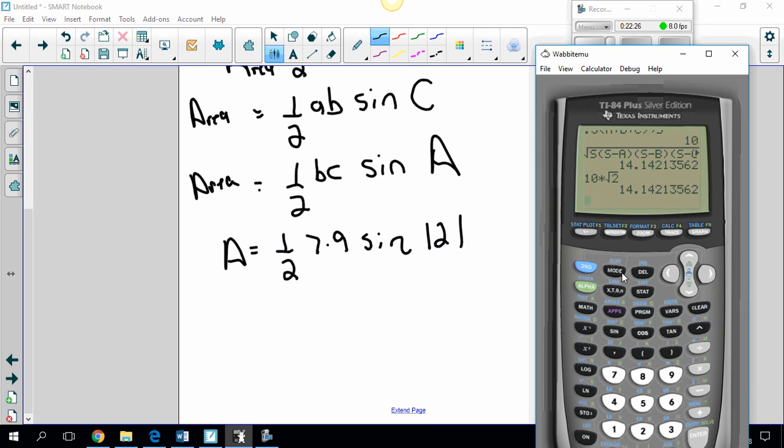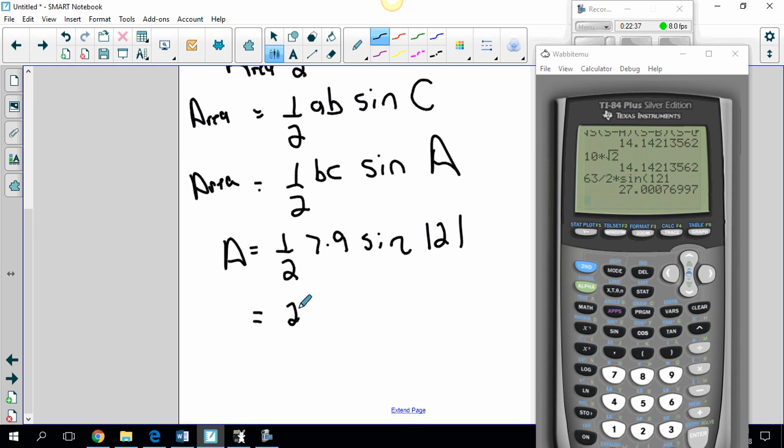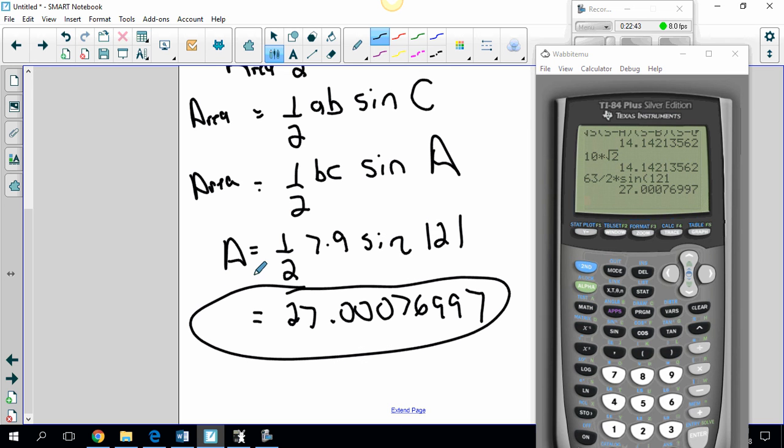Second quit, 63 divided by 2 times sine. That area is 27.0000076997. Boom. That's area.